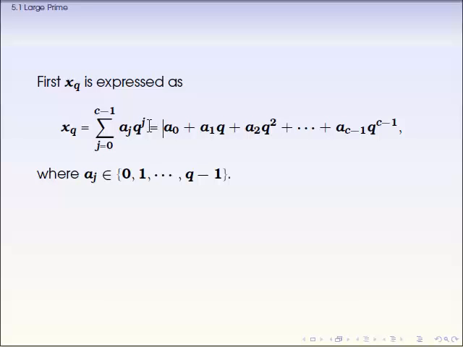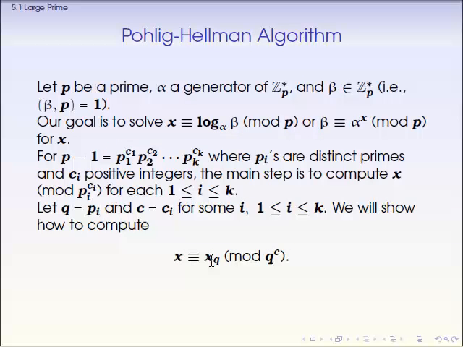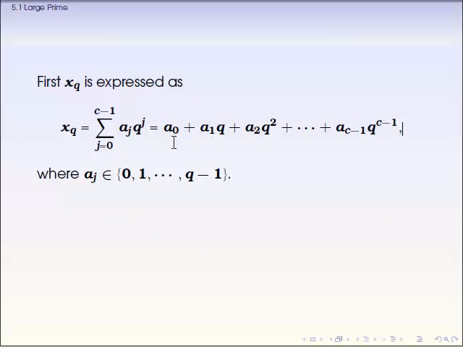It's just a notation like this, and it ends with q to the c minus 1, because if it goes beyond this, then the term would have q to the c as a factor, and it becomes 0 for this modulus, because x sub q is modulo q to the c. Okay, so that should be good for notation for x sub q.